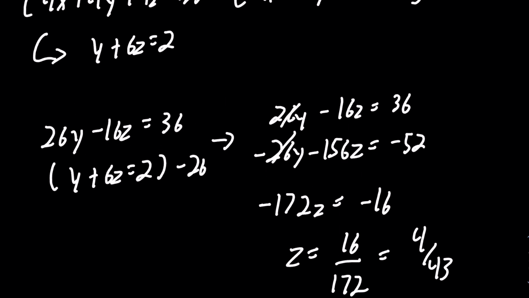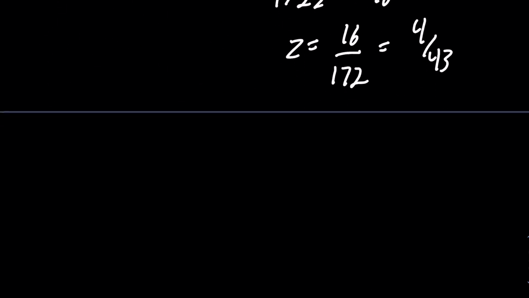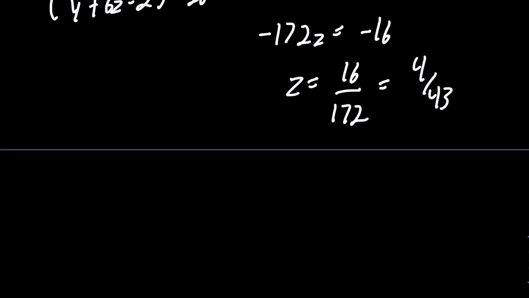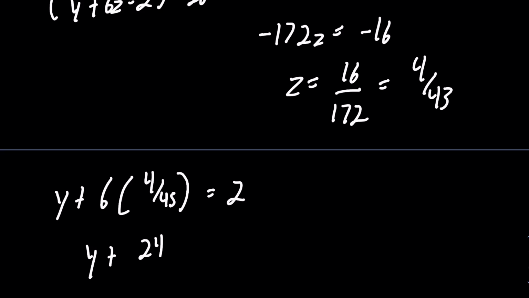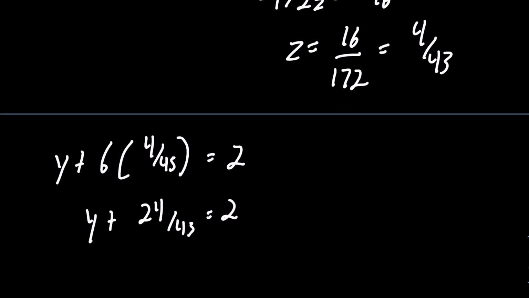So now that we have our z variable, we can grab the value of z and plug it into the bottom equation. So here we have y plus 6 times 4 over 43, which is equal to 2. This ends up becoming 24 over 43 equals 2. And then we can subtract the fraction on both sides.